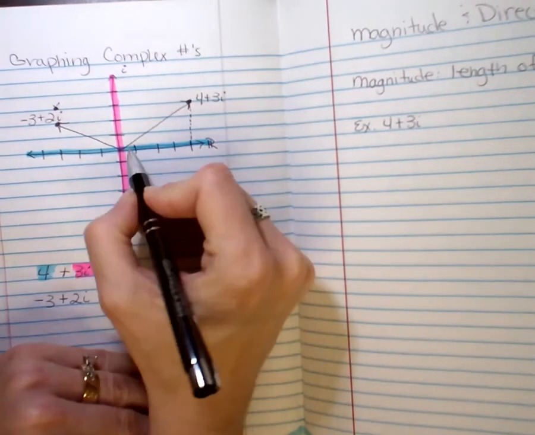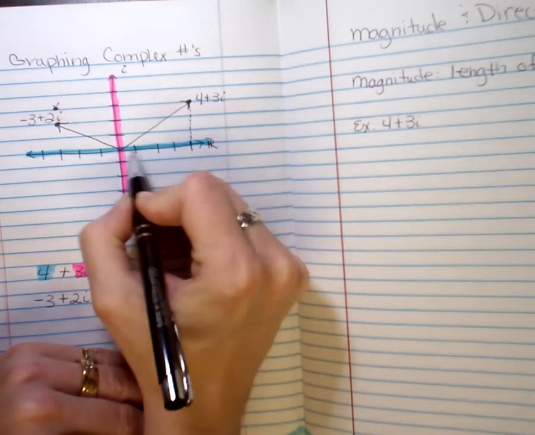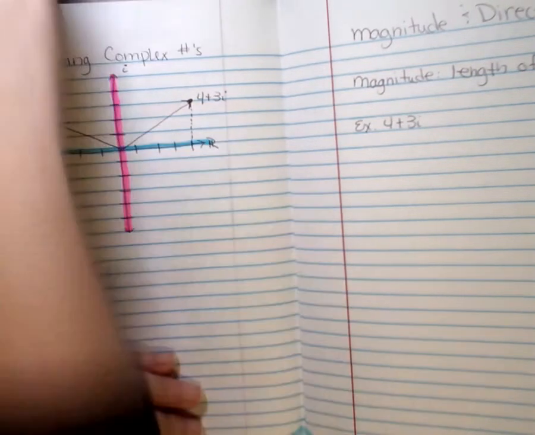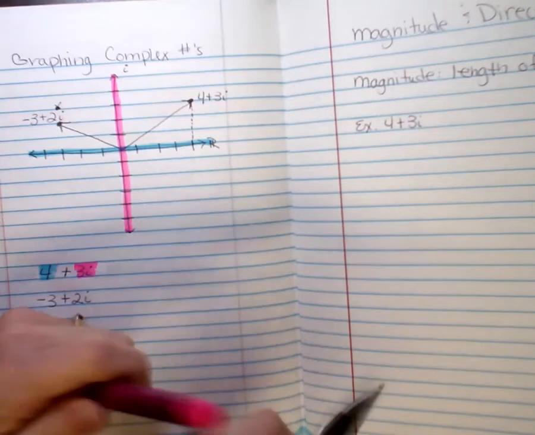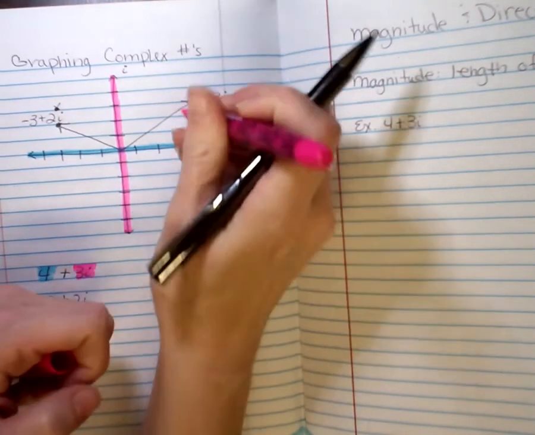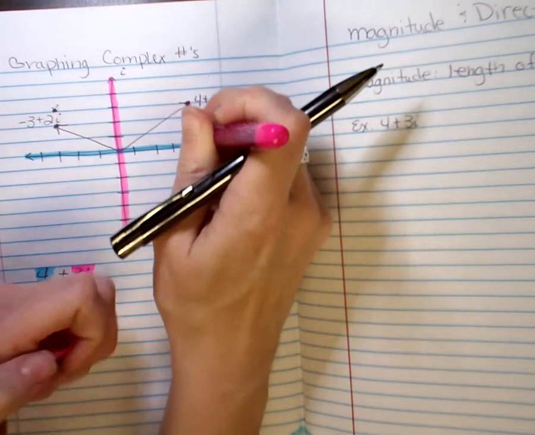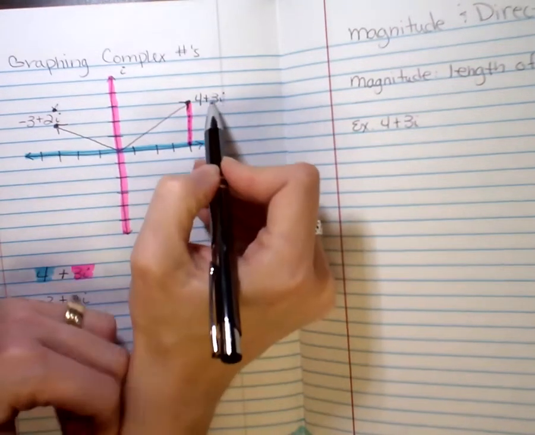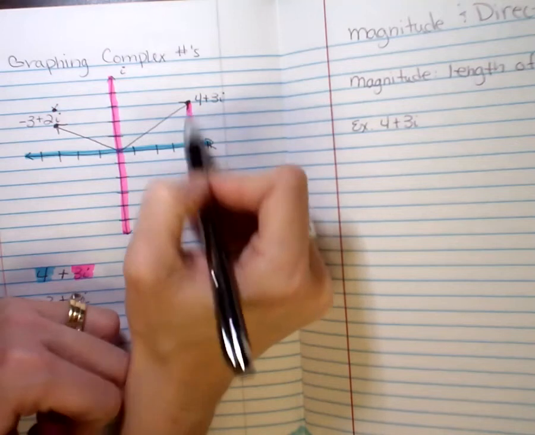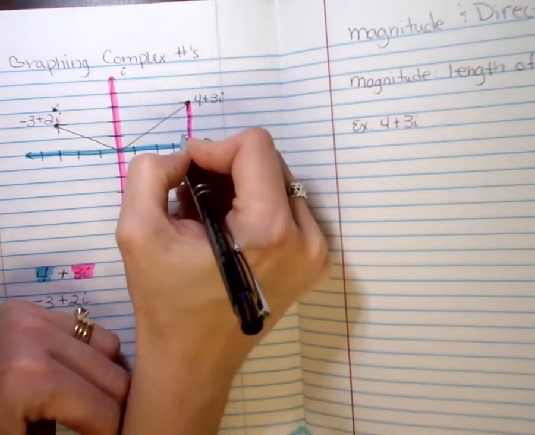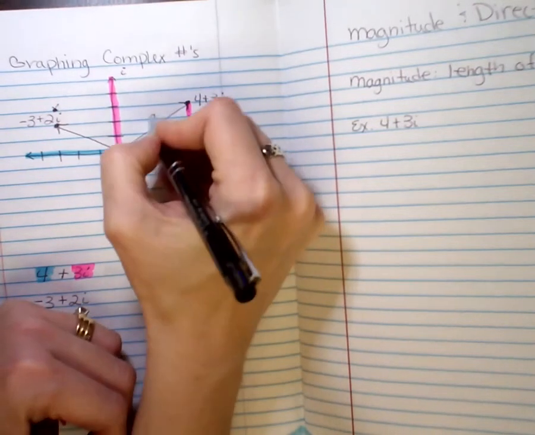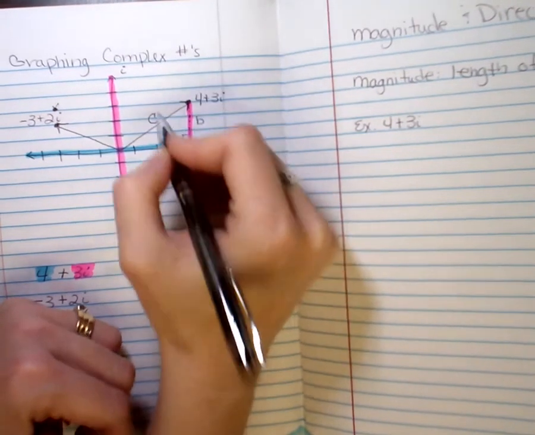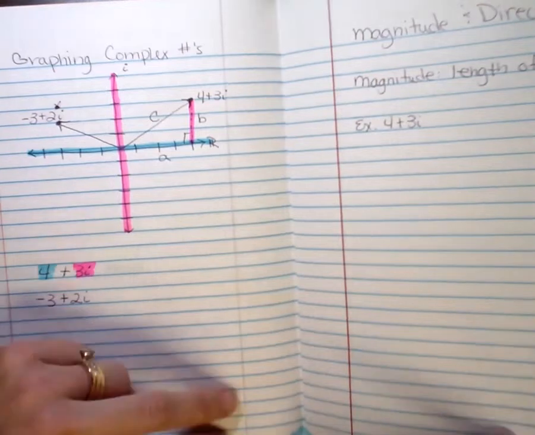And notice that the base of that triangle is the real part of our complex number, so it is 4 long, and the height of this triangle is the same as the height of our imaginary number, so it is 3 long. And since we have this right triangle, we can use a squared plus b squared equals c squared to find the length of c.